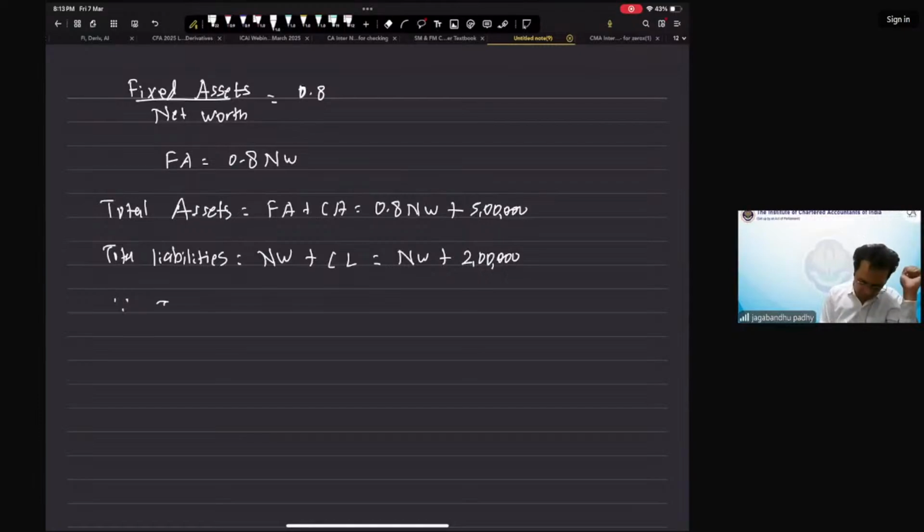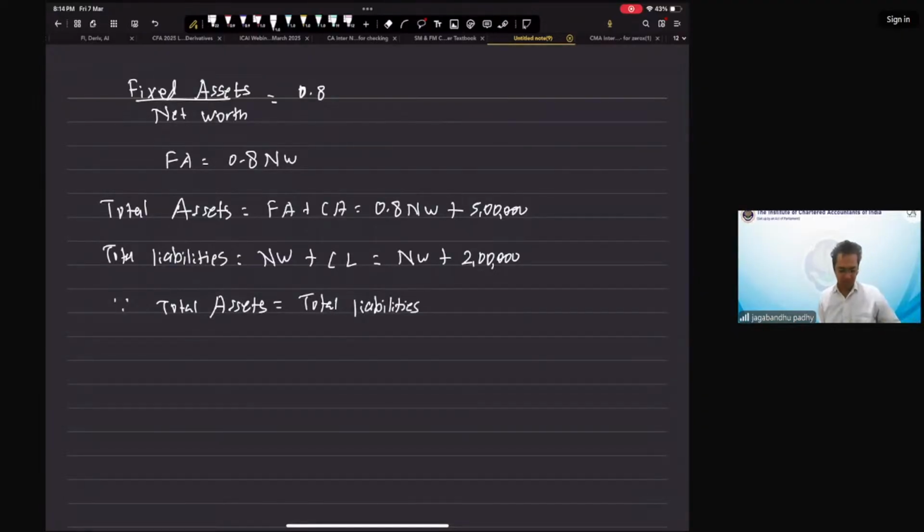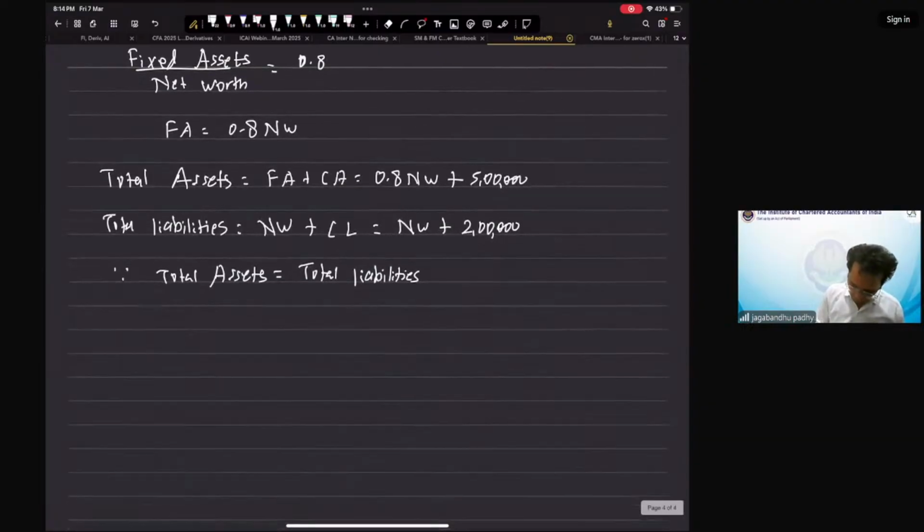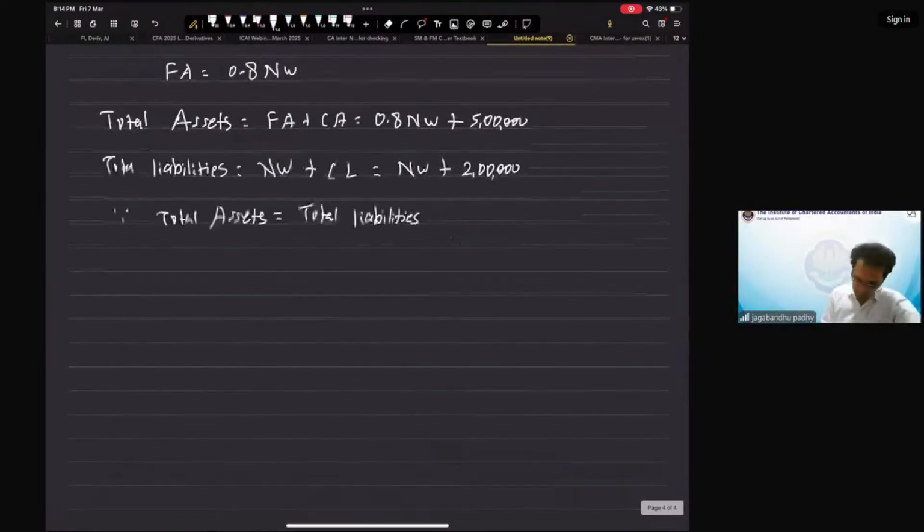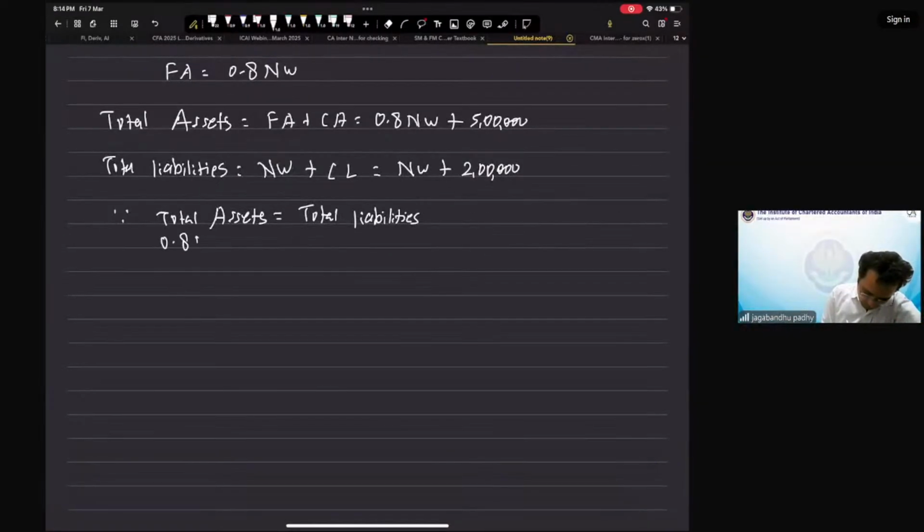Then we say, since total assets equal to total liabilities, total assets is 0.8 net worth plus 5 lakh equal to net worth plus 2 lakh.